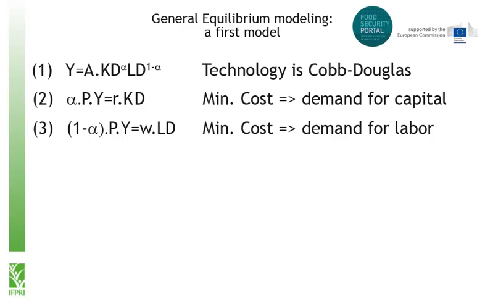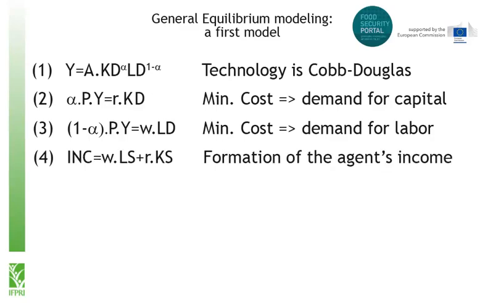Well, once we have this production block, in fact, we've got revenues from production and we have the formation of the agent's income. You remember that the agent is the owner of productive factors. So the productive factors are in quantity LS for labor and KS for capital. So if the agent is the owner of productive factors, we can derive an equation of formation of income, which is INC, the income, which is equal to W times LS plus R times KS.